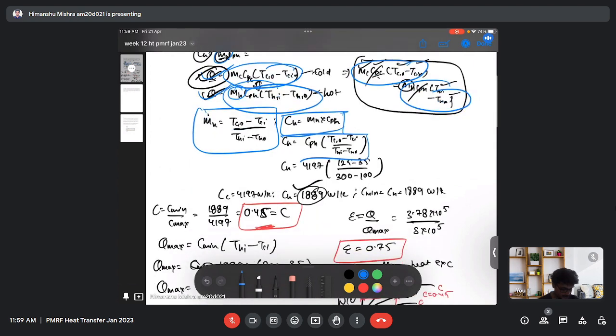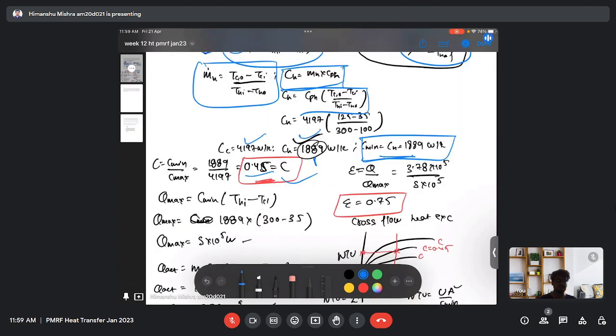Then we compare the heat capacity of cold and hot fluid, and we found that for hot it is minimum. So the minimum heat capacity is for the hot fluid, which is 1889. Then we calculate the ratio of the heat capacities, which is 0.5. Now since we have been given all the inlet and outlet temperatures of hot and cold fluid, we can easily calculate the actual heat transfer as well as the maximum.